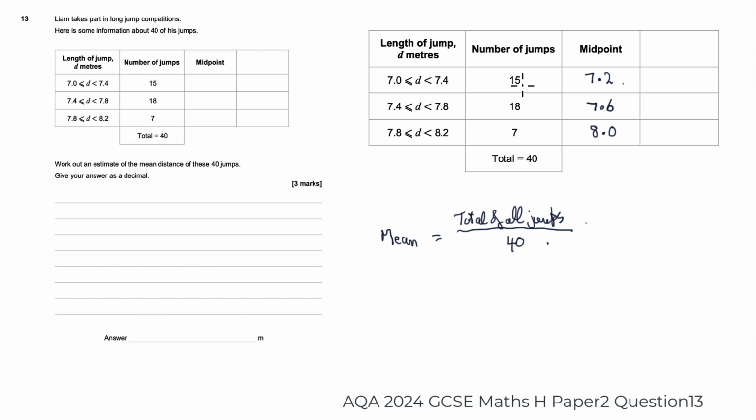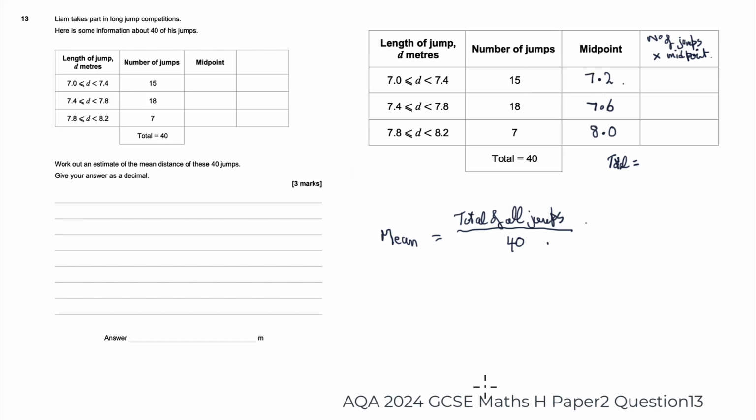In other words, work out what 15 lots of 7.2 is. So this column would be the number of jumps times the midpoint. And that's all on our way to finding the grand total of all the jumps. So we've got 15 times 7.2.